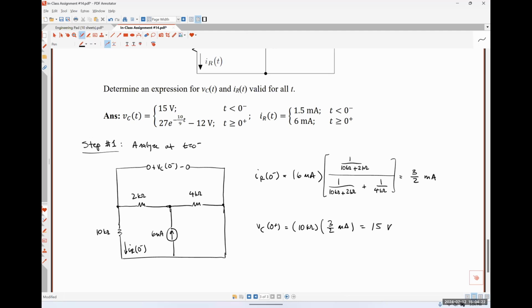So let me explain how I've been doing it, and why Baylor was very correct, and it's a much easier way to do it his way. What I had been doing was saying that VC at 0 minus was the voltage drop across this 2 kilo ohm resistor, which I'm going to call V2K, plus the voltage drop across this 4 kilo ohm resistor.